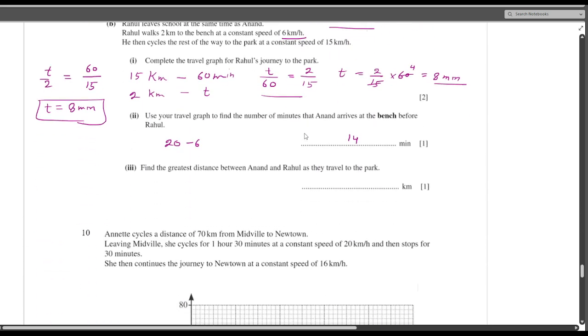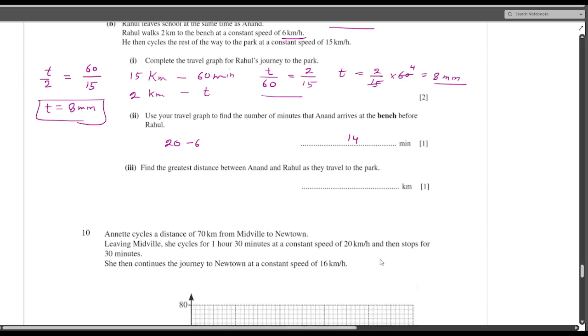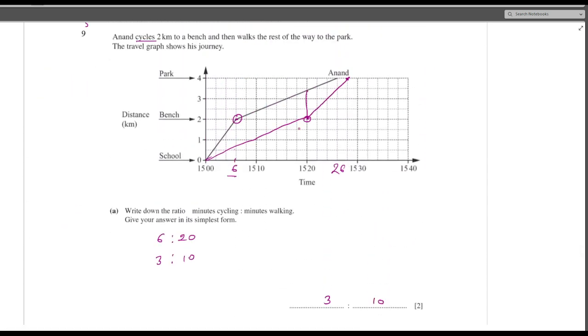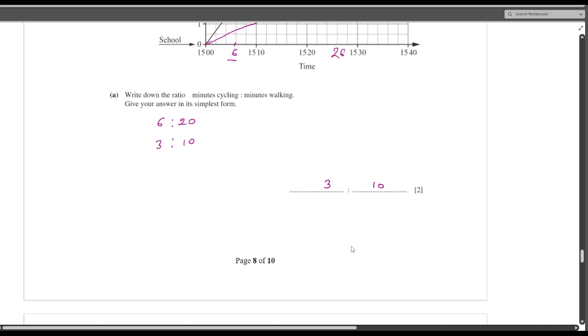I have to answer in kilometers. So here if I figure out this distance, from 2 kilometer, this is 3 kilometer and this is 3.5 kilometer. So I will say 3.4 kilometer.